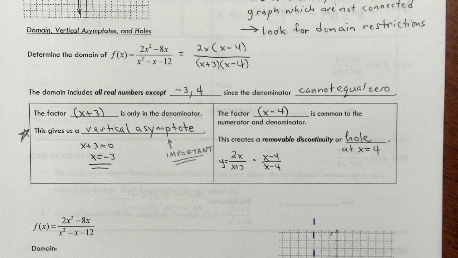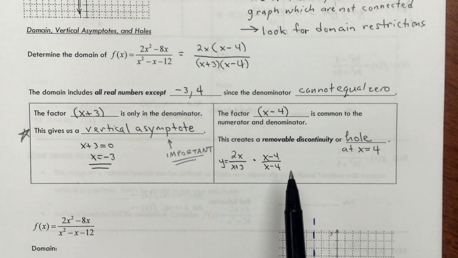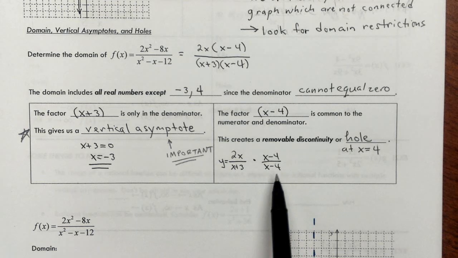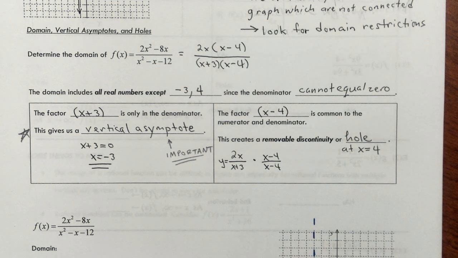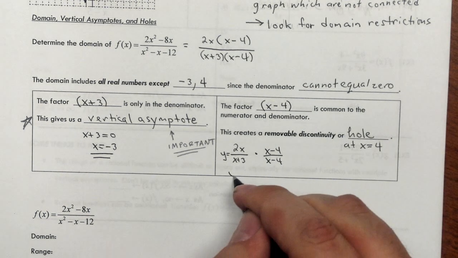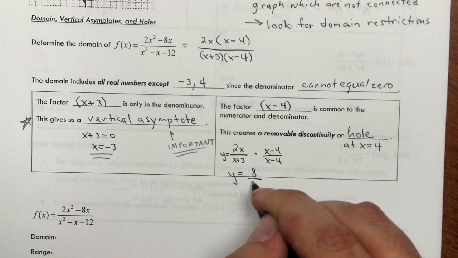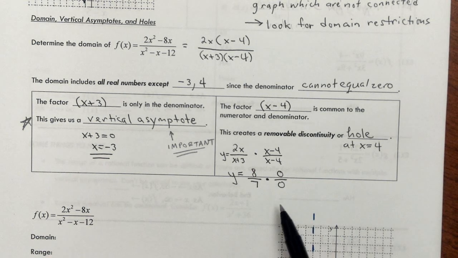I've written it out like this to show you specifically. X minus 4 over x minus 4 is, for the most part, 1. X minus 4 over x minus 4 is 1, except when x equals 4. If I did substitute in 4 here, what would I get? Well, I would have y is equal to 8 over 7 times 0 over 0. Now, I know 0 over 0, that doesn't make any sense.